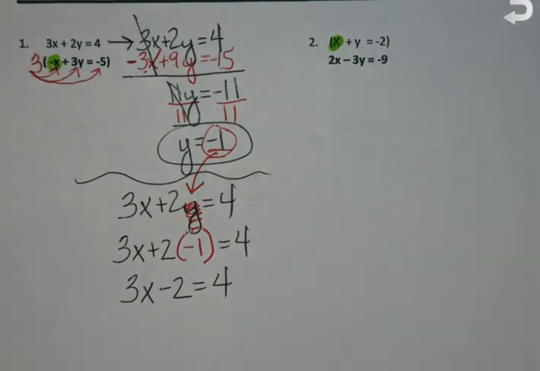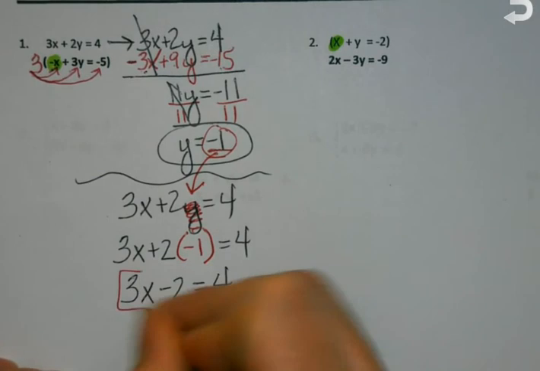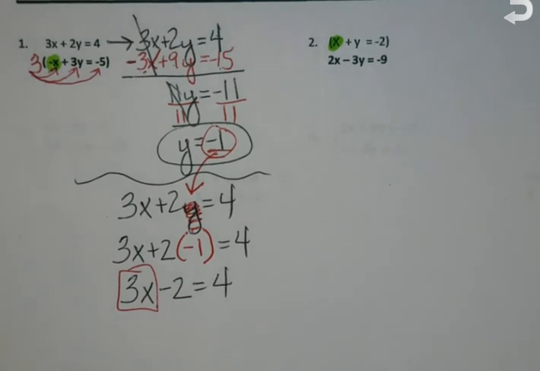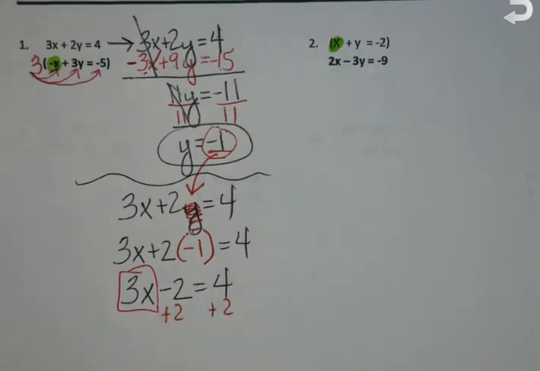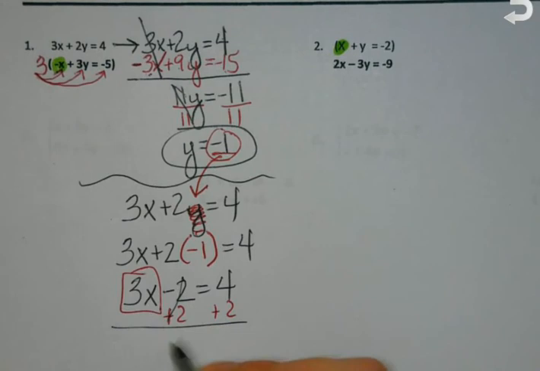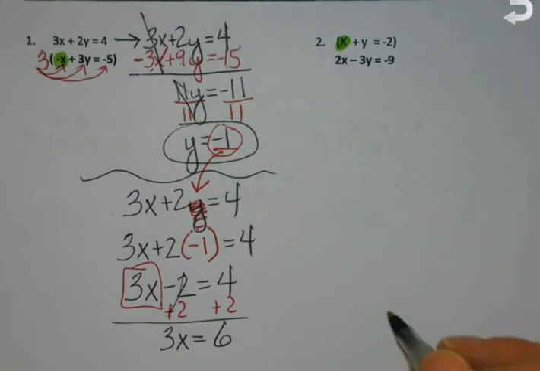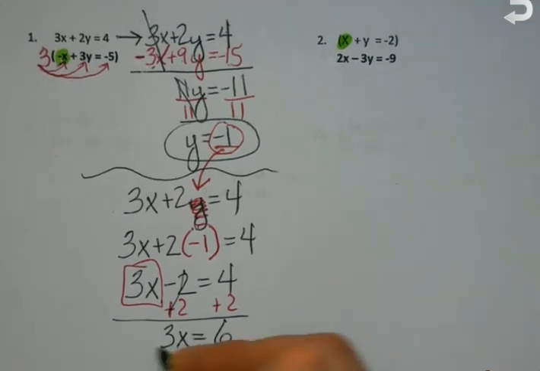So what do I need to do first? I want to get 3x by itself. How do I get the minus 2 out of there? Okay? And again, this can be a bit of a longer process. I totally get that. That's why we're not doing like 20 of these a day. That'd be like crazy. And then divide by 3.